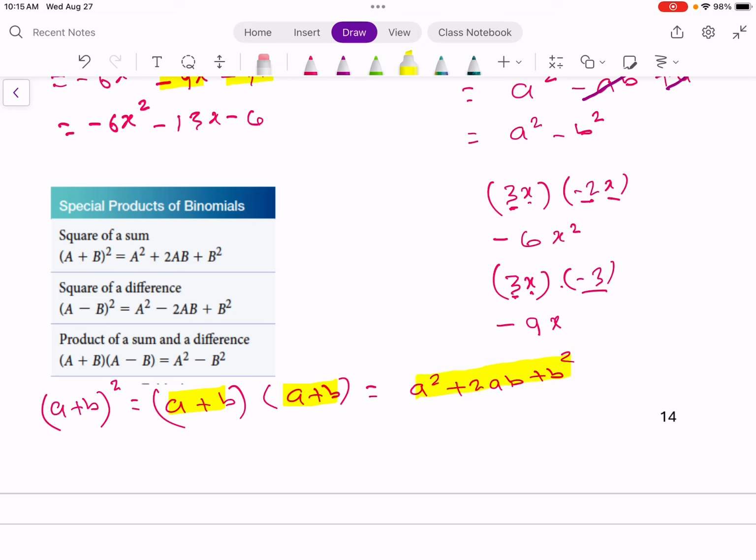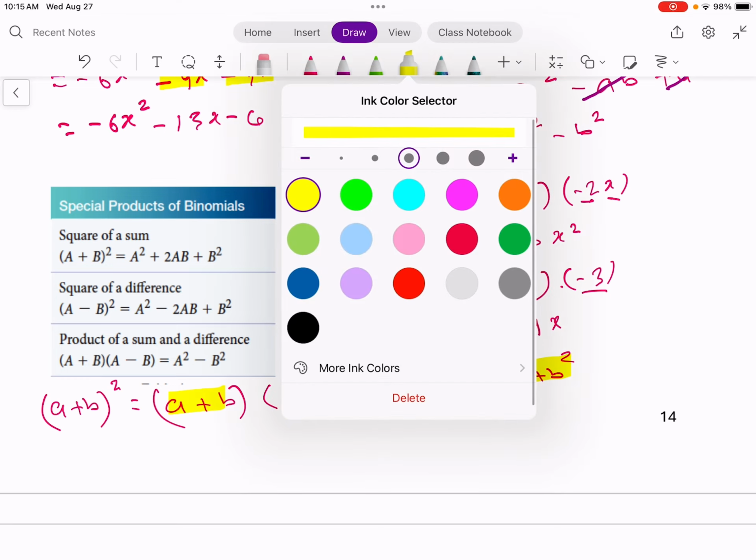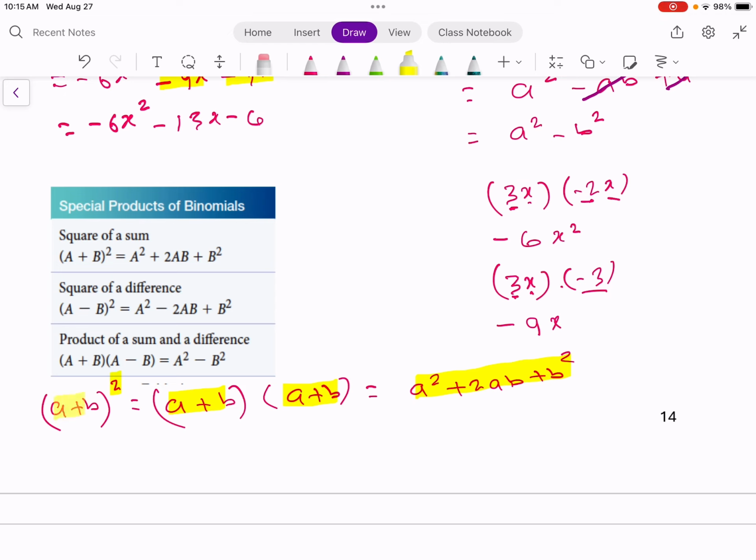Now it helps us to find the square of a binomial. Here we have a binomial and we have a square, so this is a square of a binomial.